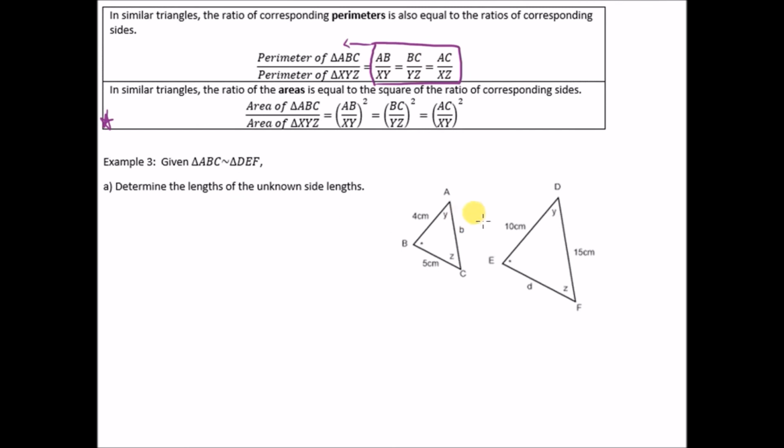So in example 3, triangle ABC, in this order, is similar to DEF. So let's determine the lengths of the unknown side lengths.